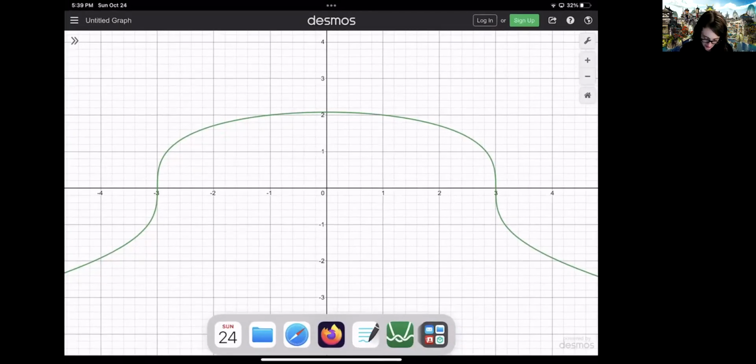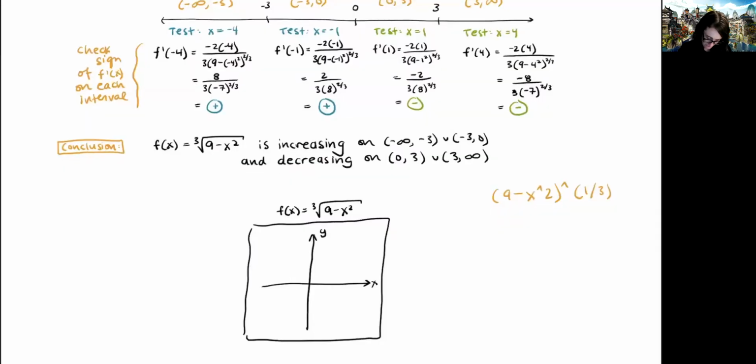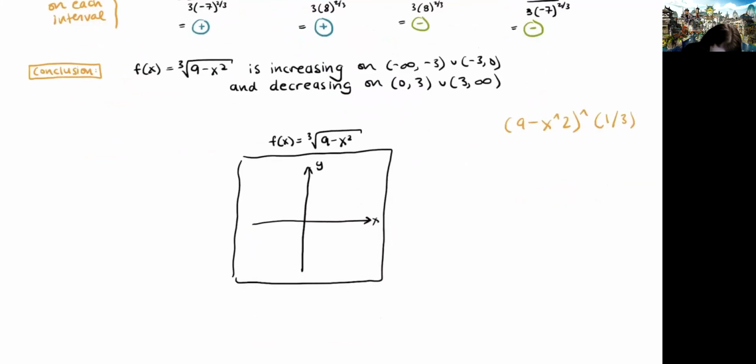Let's just sketch that in. Okay, so let's see, we've got -3, 0, and 3. And the graph looked something like this. So there's the graph of that function.